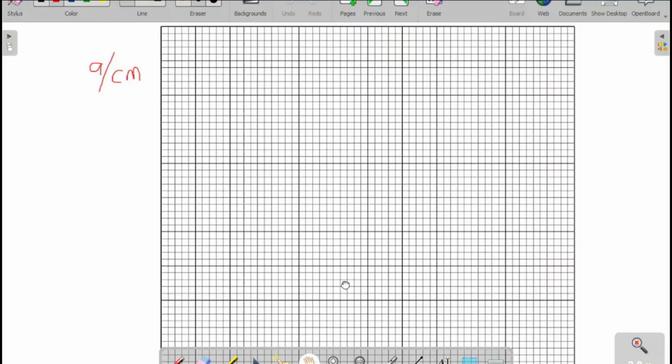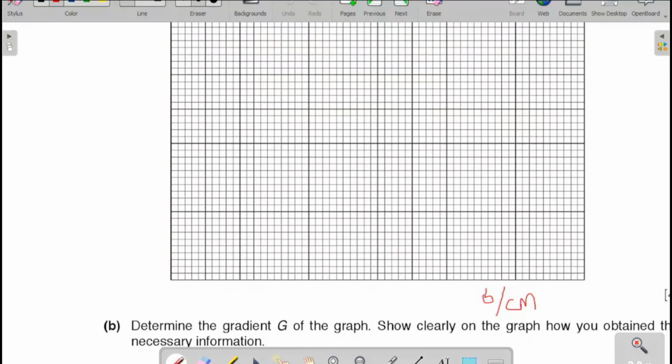Let me just put something like this. Cross here. I am going to start this one with 10. Then the next one, 12. The next one, 14.